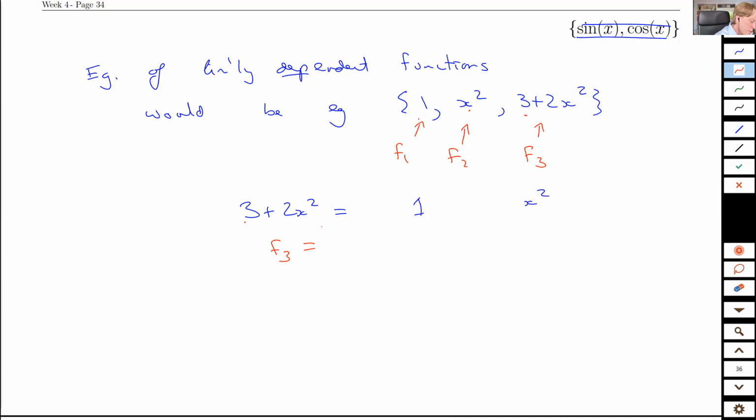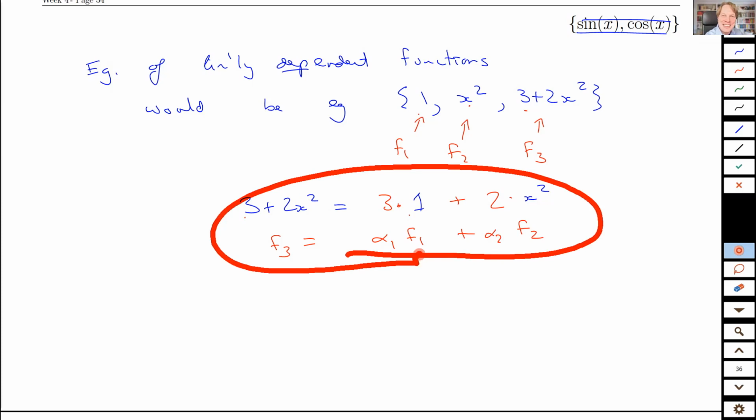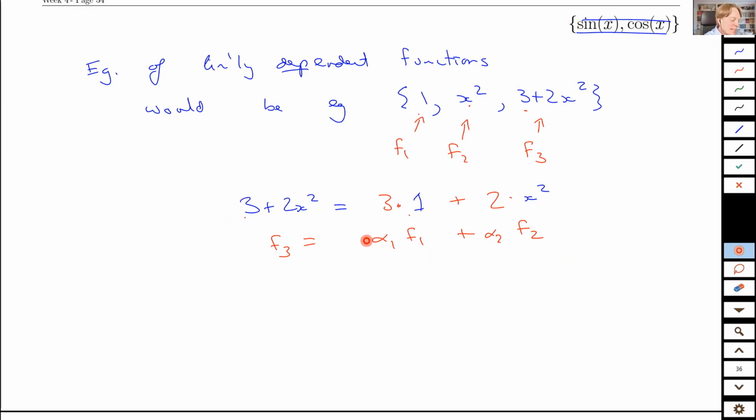Well, I need 3 of these, alpha 1, F1, and if I add 2 of the other ones, alpha 2, F2. This is an obvious case because the coefficients are really easy to see, but this is the principle. This is how you would usually show that it's a linearly dependent set: if one of them is a linear combination of the others. So F3 is a linear combination of F1, F2.